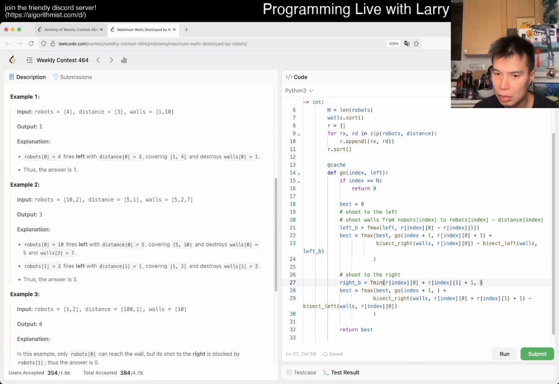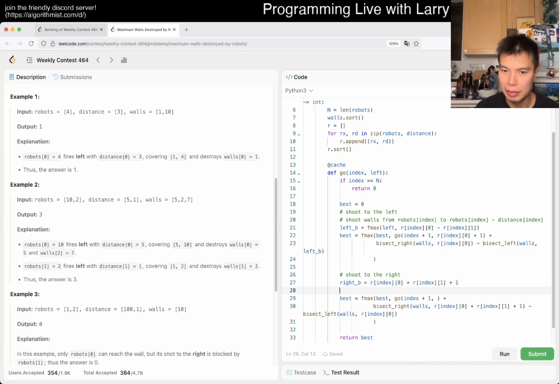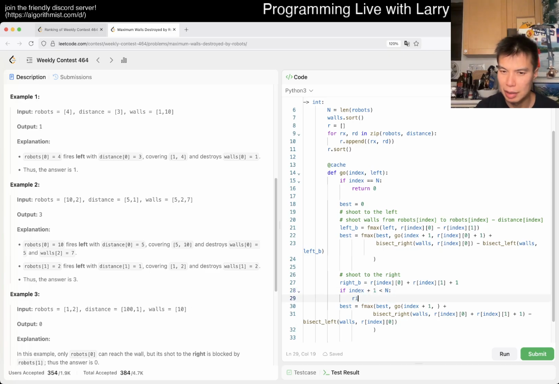I guess it's just this number first, and then if index +1 is less than n, then f min of r index +1, the location.